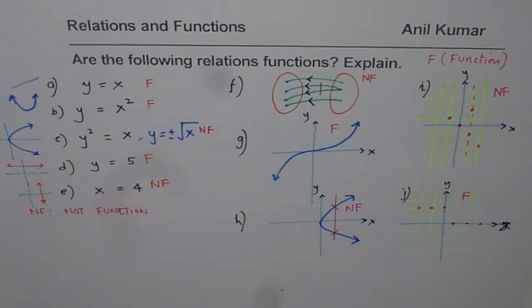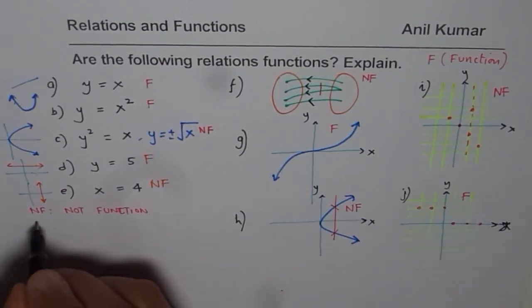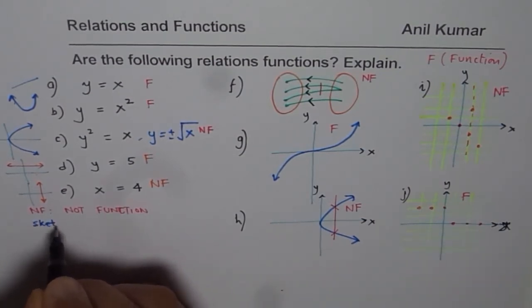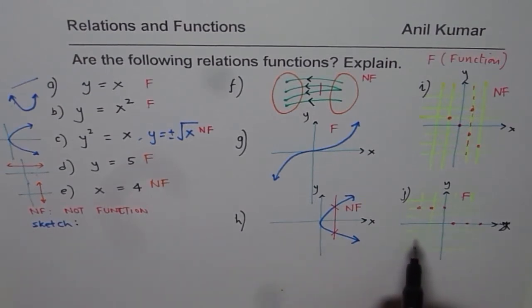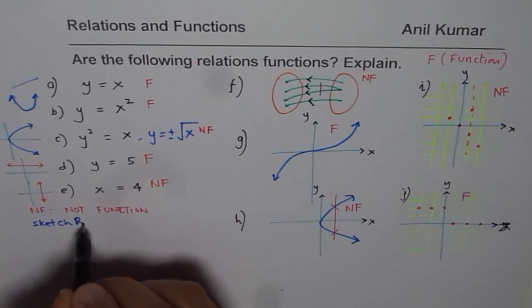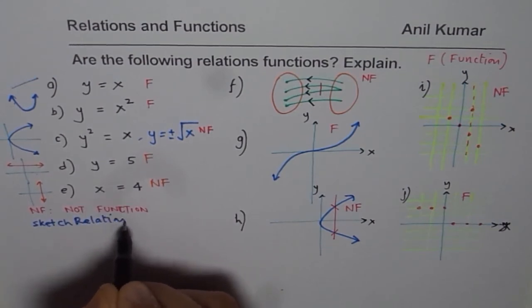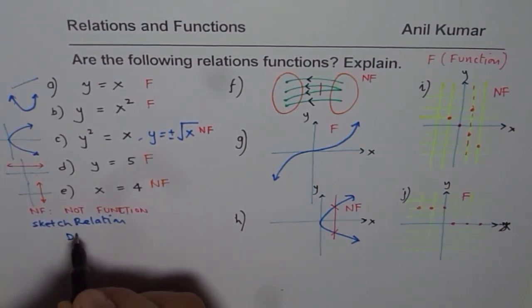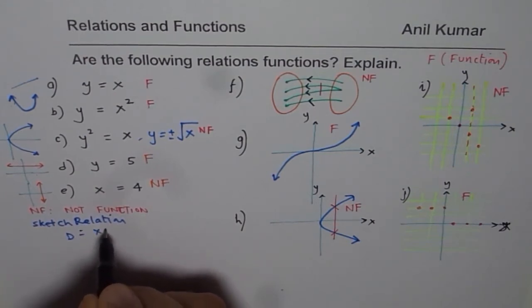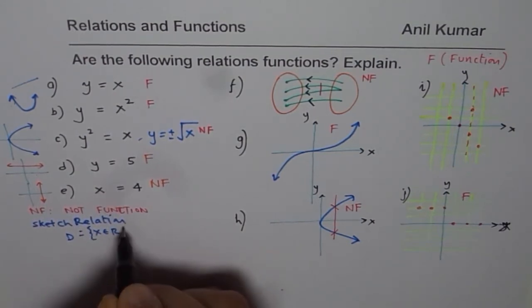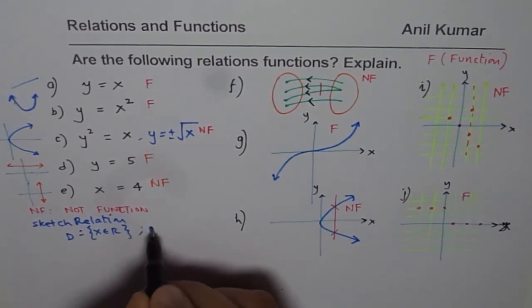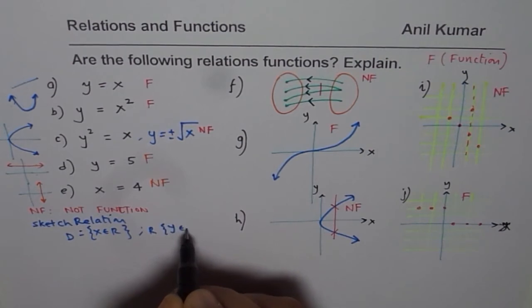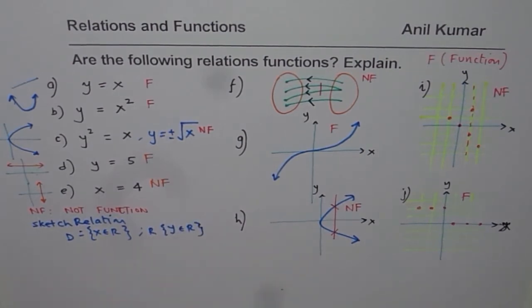Now, we have answered all this. The question for you is, you need to sketch a relation with domain of x belongs to real numbers and range of y belongs to real numbers, right?